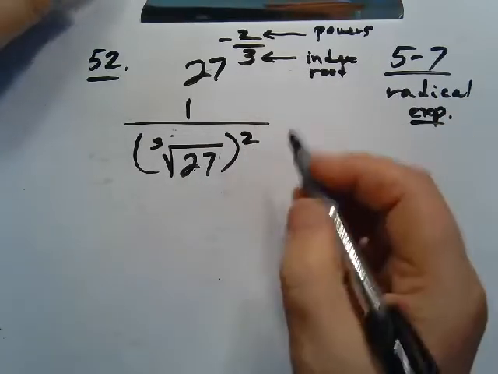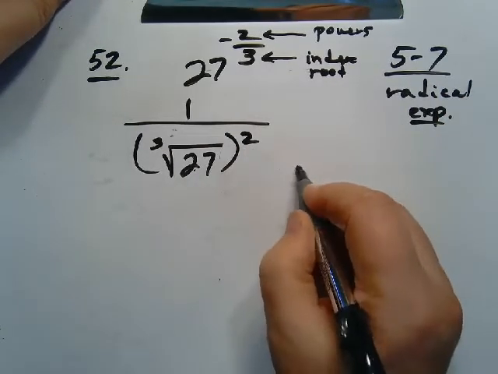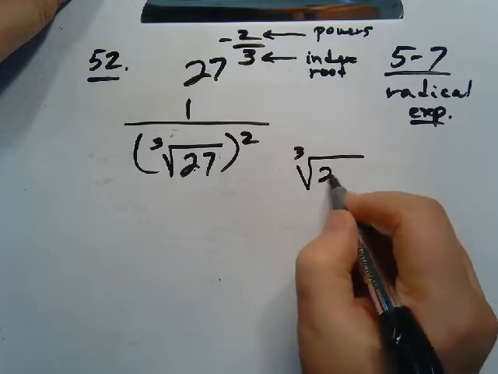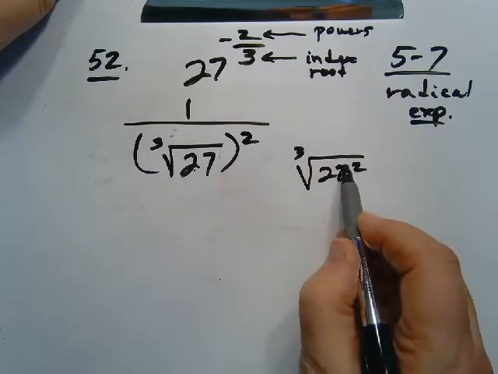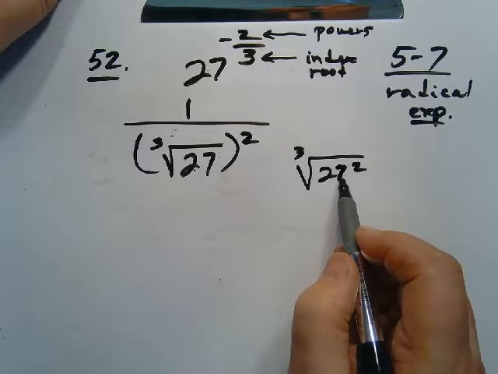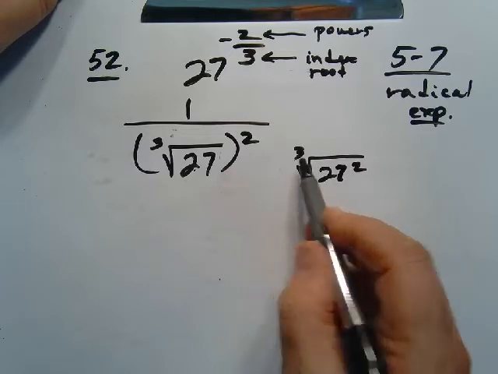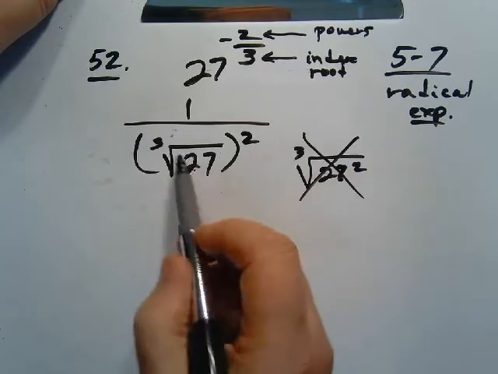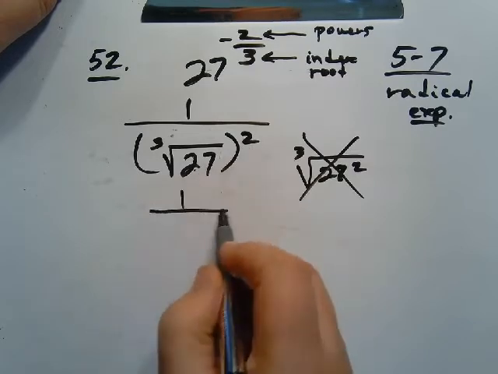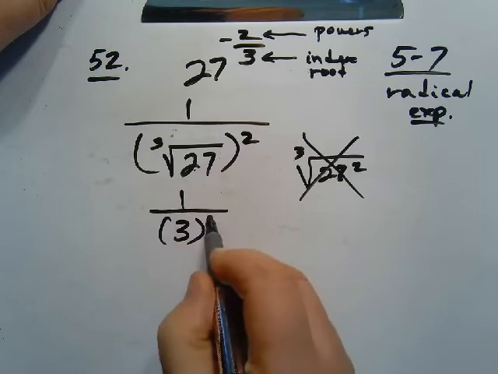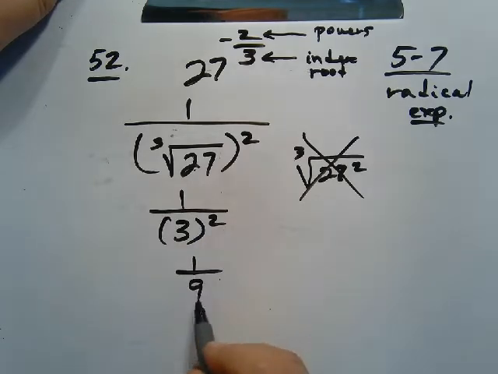Now, I could have written it as the cube root of 27 squared, but that would mean I'd have to square 27 and then take the cube root of it. It's a lot easier just to take the cube root of 27, which I know is 3, and then square that. So this is 1 over 3 squared, and my answer is 1/9 here.